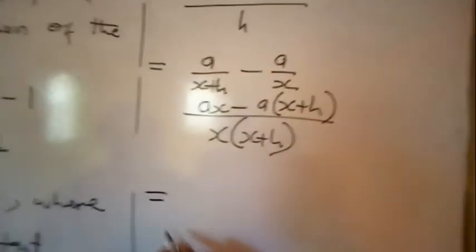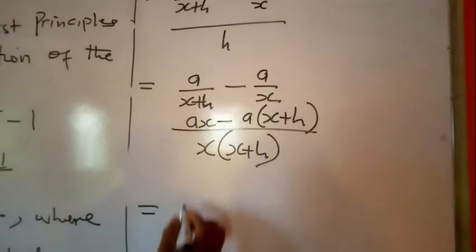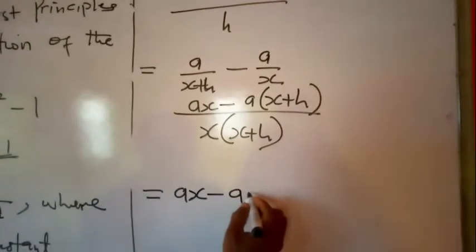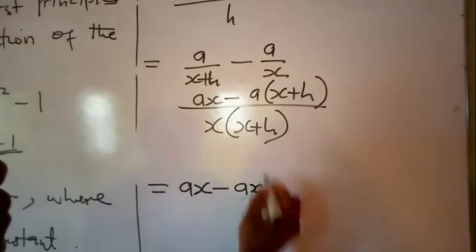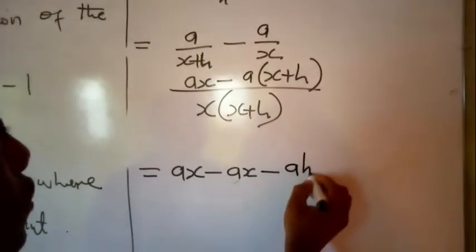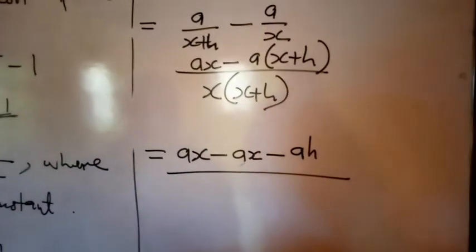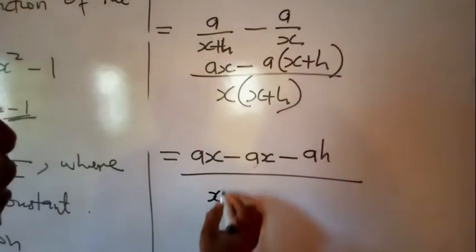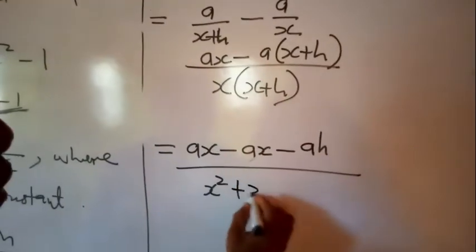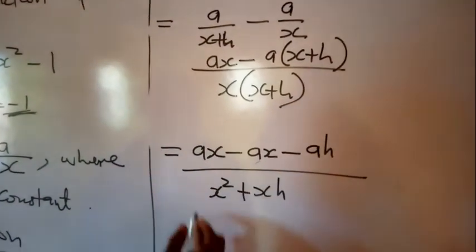So let's expand. You are going to have ax minus ax minus ah all over x squared plus xh.